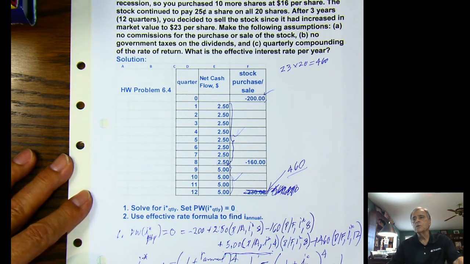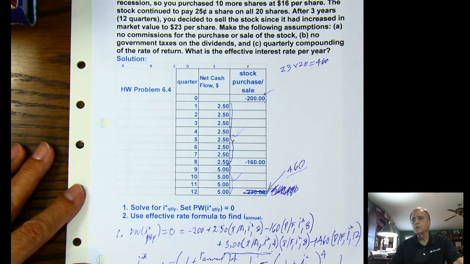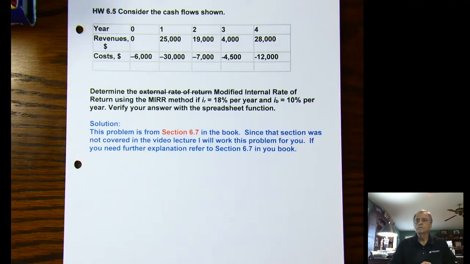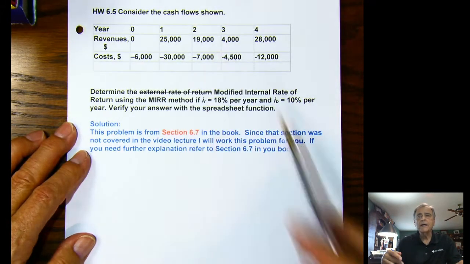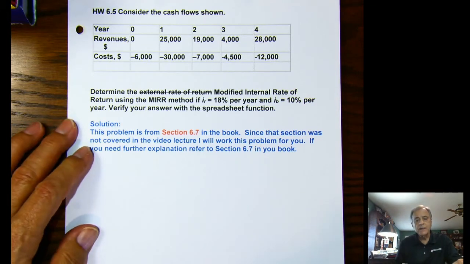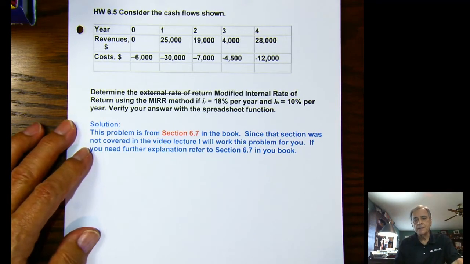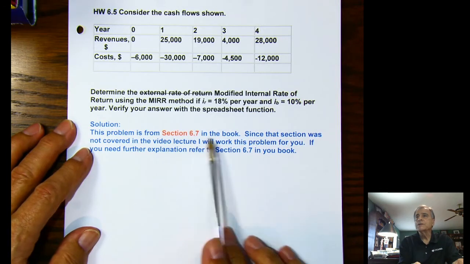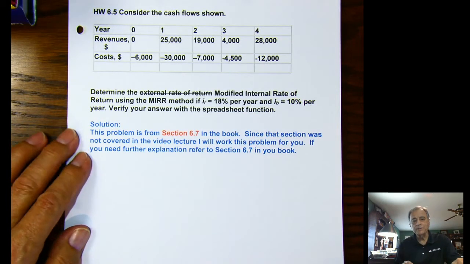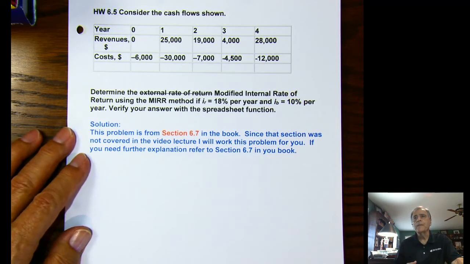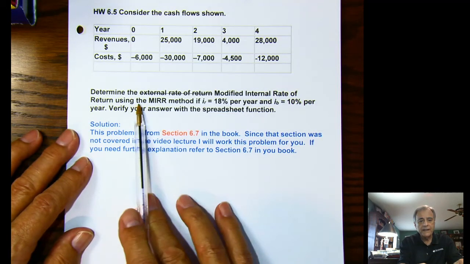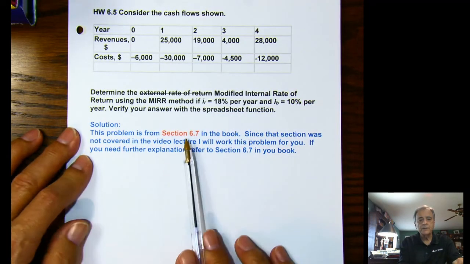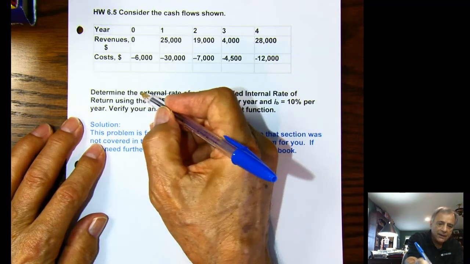And I'm going to work one more problem, and we'll do that in just a second. This problem, which was 6.5 when I accessed the homework assignment, is also from section 6.7. So I'm going to work this problem in detail for you, even down to the final answer. Also, I want to point out that the problem is not properly stated. So I crossed this out.